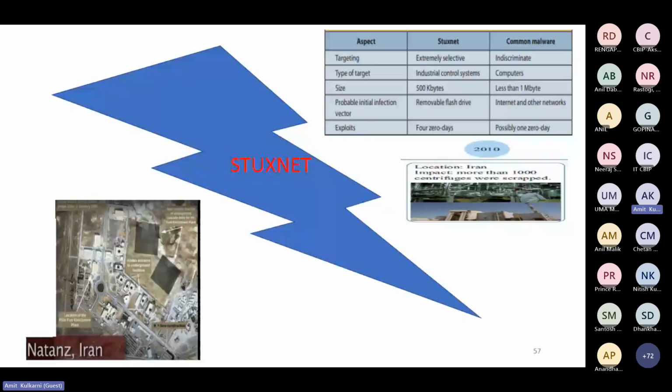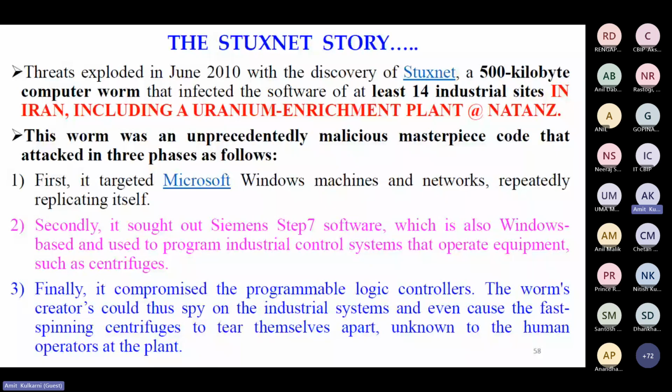So, what happened actually in this case? This worm was a malicious masterpiece of code, I would call it, which attacked in three phases. First, it targeted Microsoft Windows machines and networks, repeatedly replicating itself.